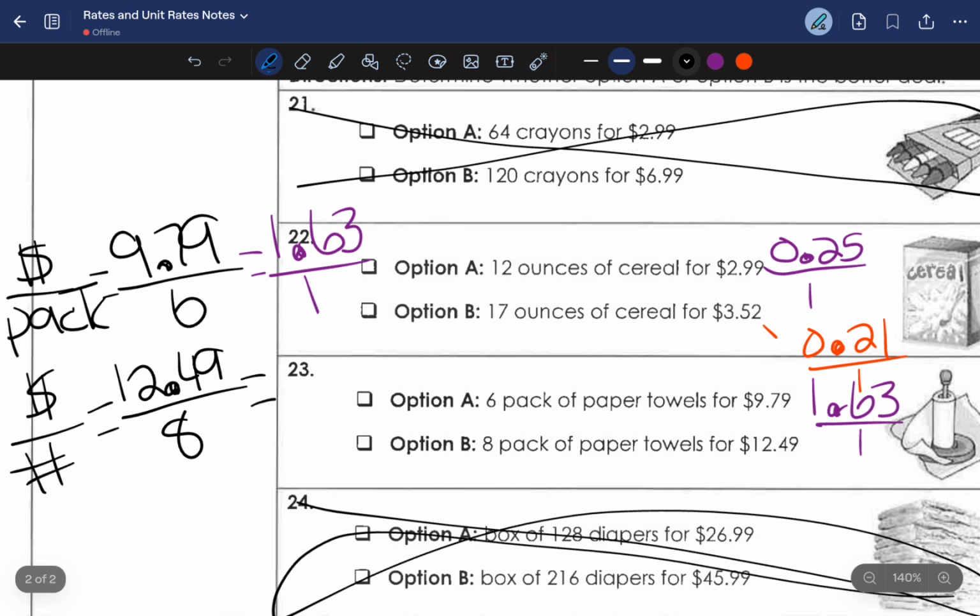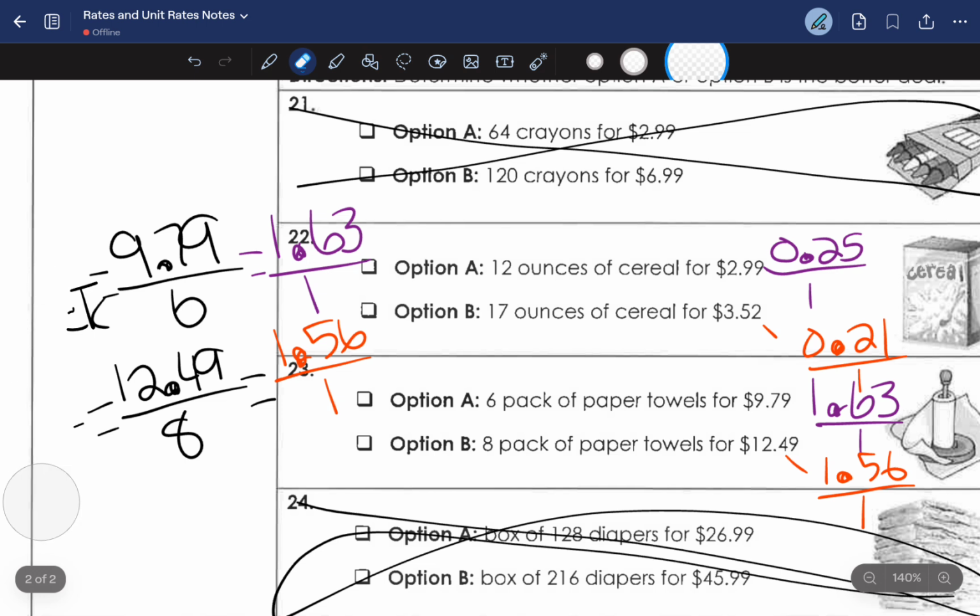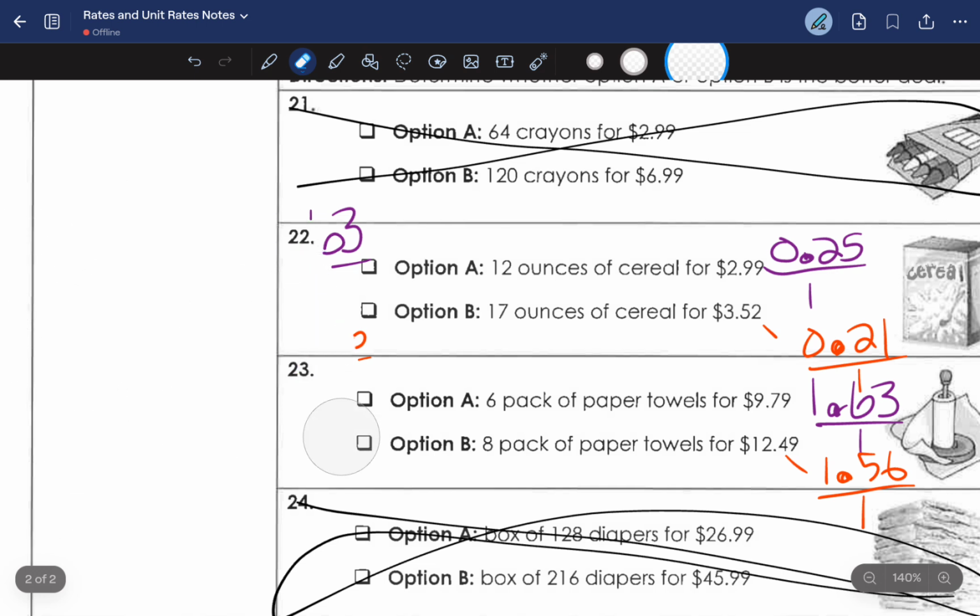And then you would divide that and you would get $1.56 over 1. So looking at this, 1.56 for one roll of paper towels, well, which one's going to be the better buy? Which one's going to be cheaper for us at the end? In this case, it's going to also be option B.